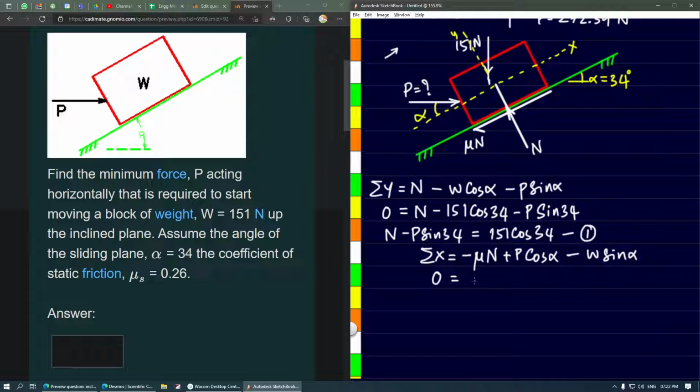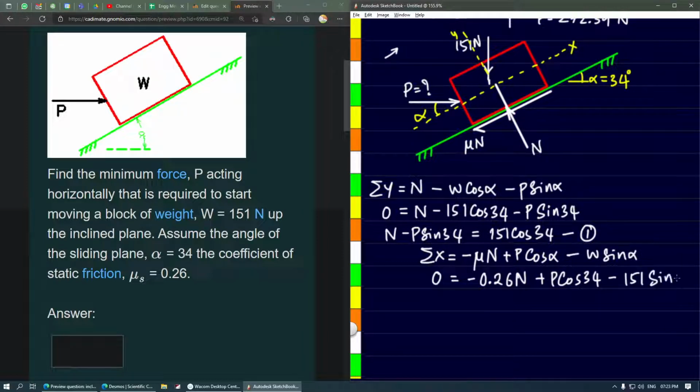And let us substitute whatever values are known. Mu is given as 0.26 in the question, times N, which is not known, plus P is not known again. Cos of the angle is 34 degrees, minus W is given, that is 151.